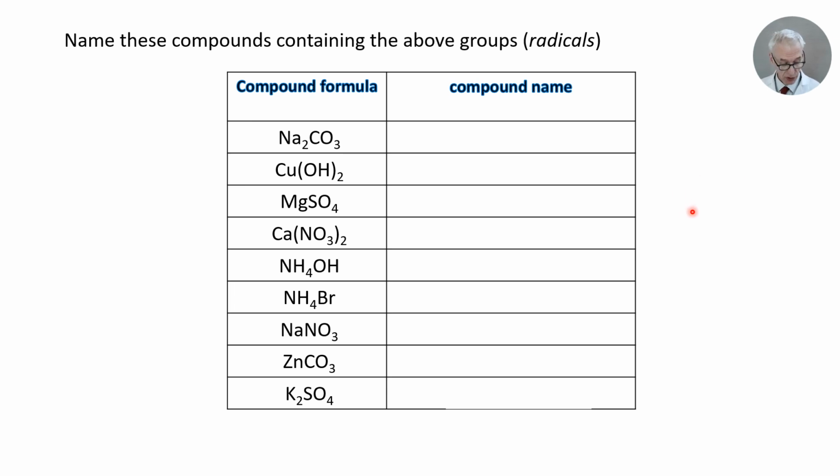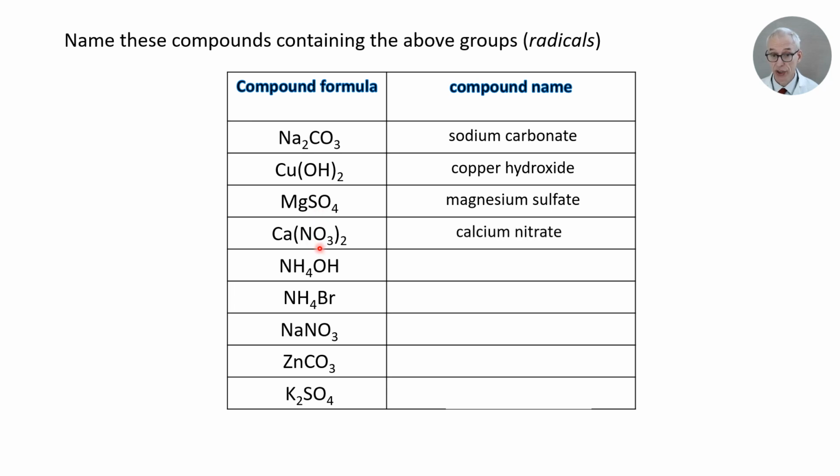Okay, so looking at my answers, sodium carbonate, we have the CO3 group carbonate, sodium carbonate. We've got the OH hydroxide, so that is copper hydroxide. We have SO4, so magnesium sulfate. NO3 is of course nitrate, so that's calcium nitrate. We have both hydroxide on the right-hand side, and on the left-hand side we have NH4 ammonium, so this is ammonium hydroxide.